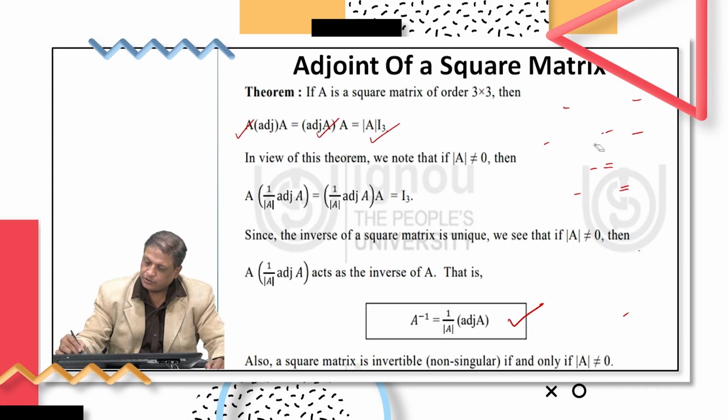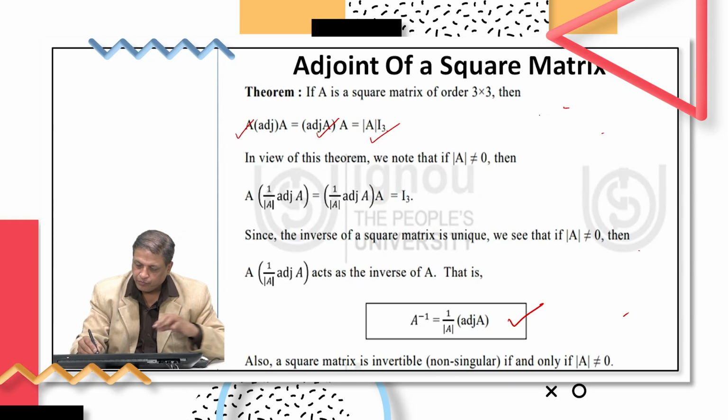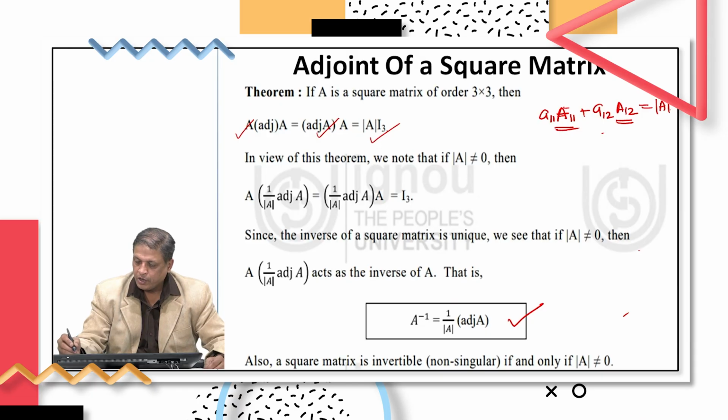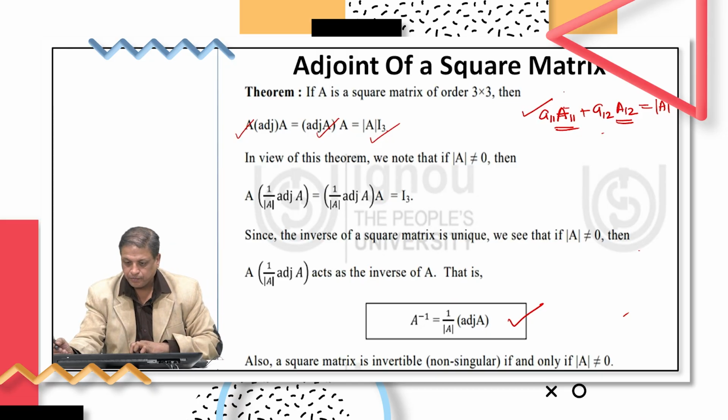In past sessions, we discussed that if there is a matrix A, then you can multiply a11 into A11 plus a12 into A12, where A11 and A12 are the cofactors, which will give you the determinant of A. We will re-explore this expression when we solve the numericals in the upcoming slides.